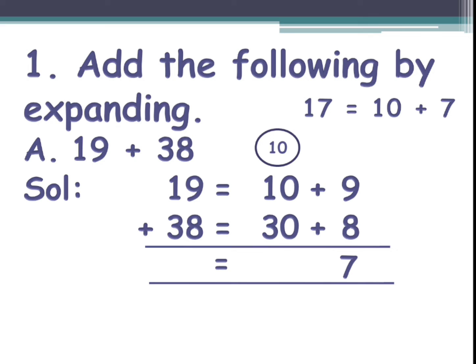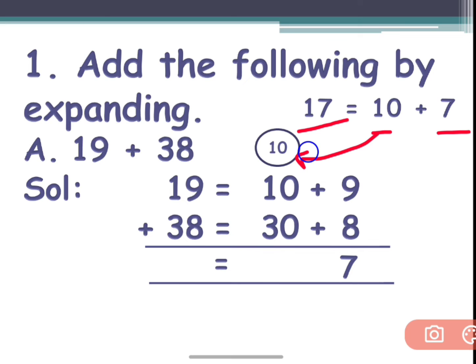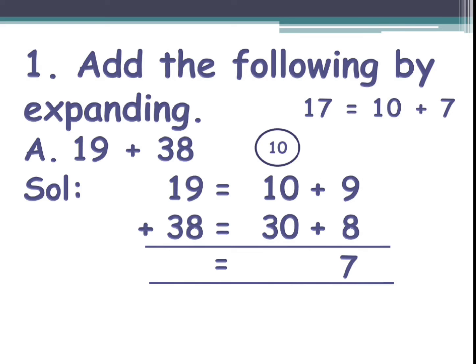That is regrouping from ones. If you have tens in your ones, then that tens should be written in tens. So in 17 you have 10 and 7. The 10 we have written in tens place as carry, and 7 you have written as answer. Now we are done with ones.